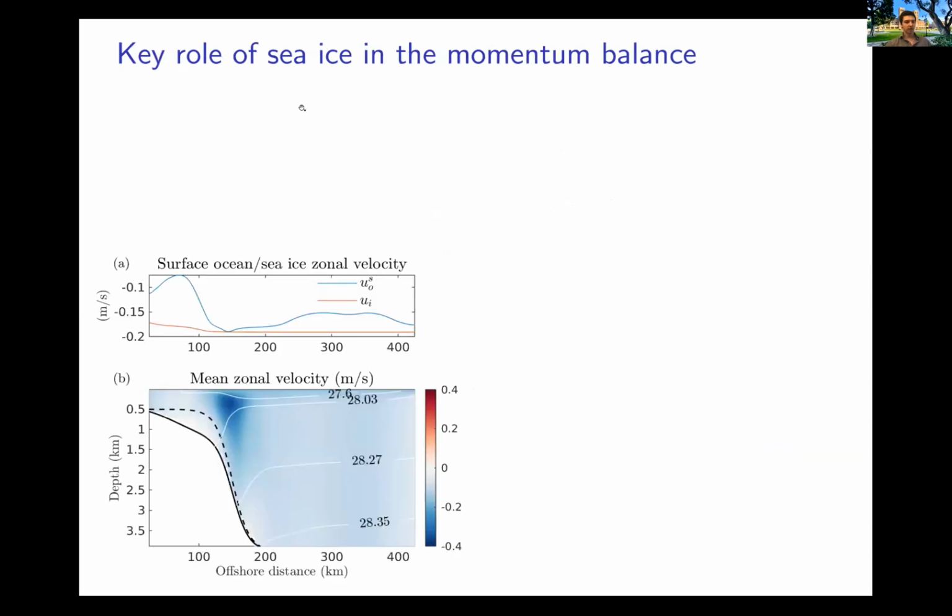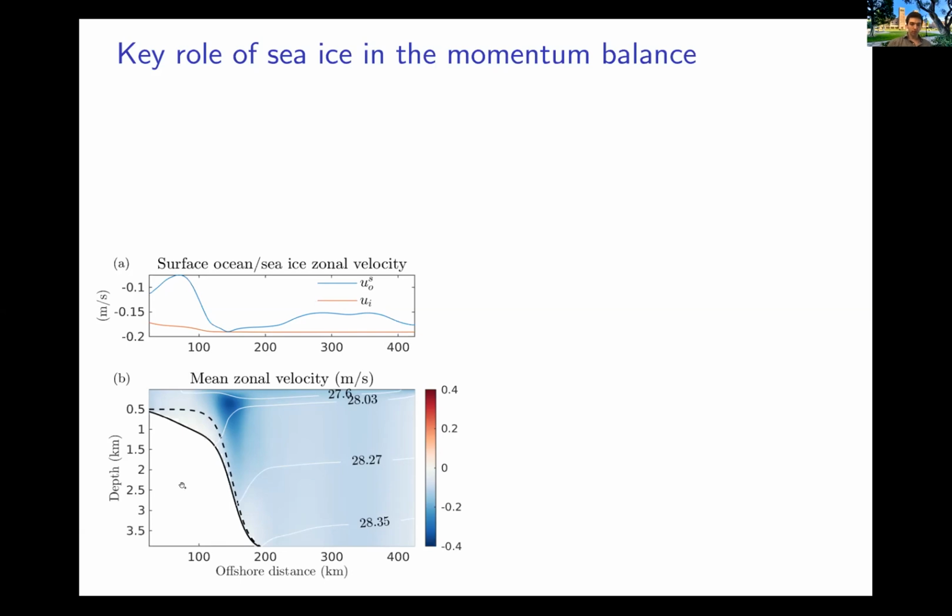So what do we find in this model? Well, I claim that this model qualitatively reproduces the same findings that I just showed you from that global high-resolution model. In these panels here, I'm showing you the flow of the ocean and the sea ice averaged over several years in this model. The ocean state on the lower panel here shows you the ocean velocity as a function of latitude and depth. Here, negative values correspond to westward flow.